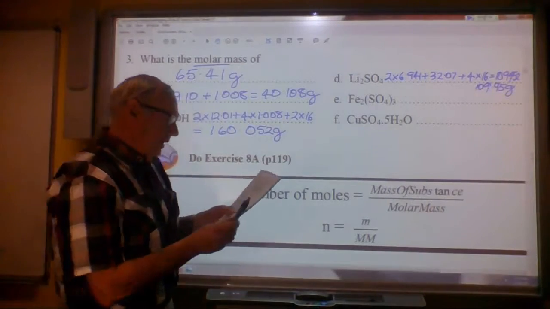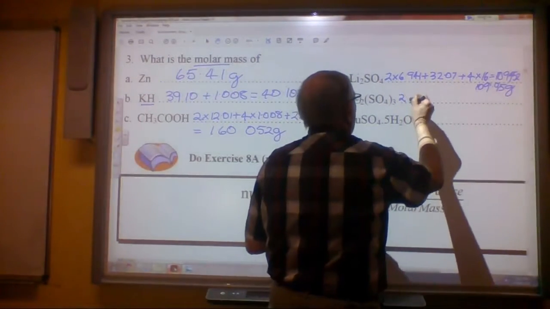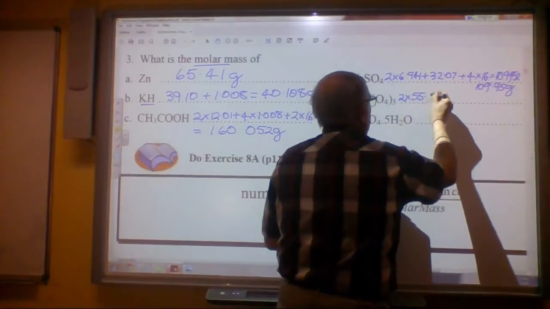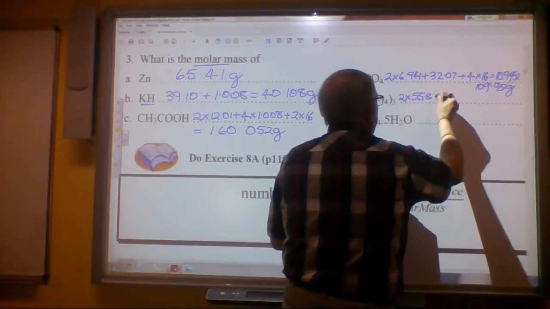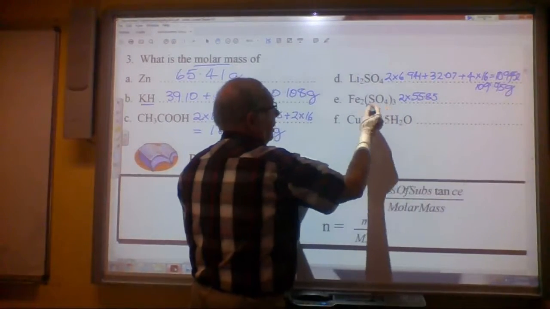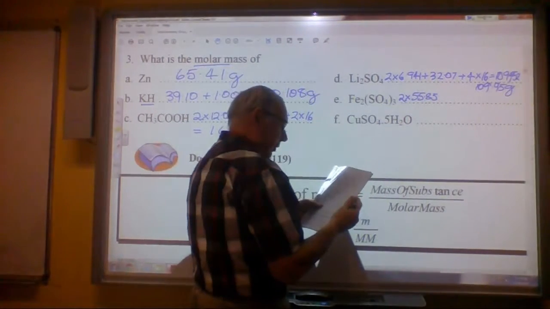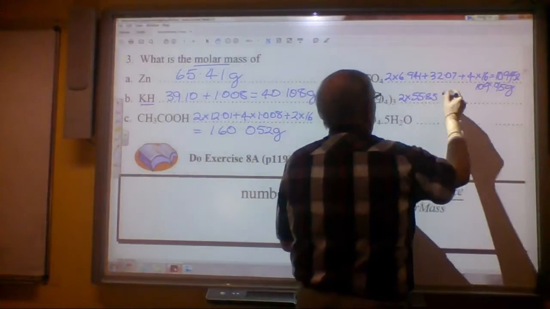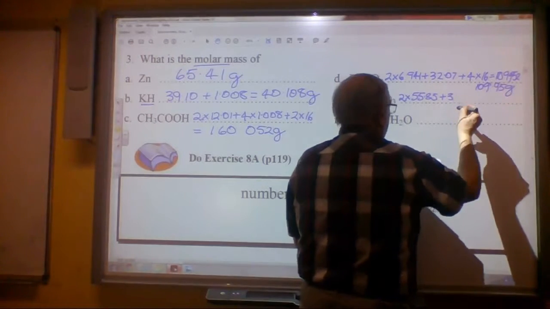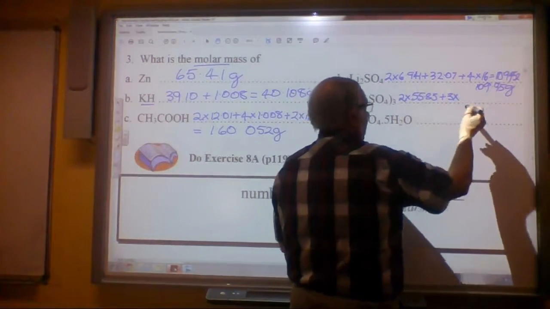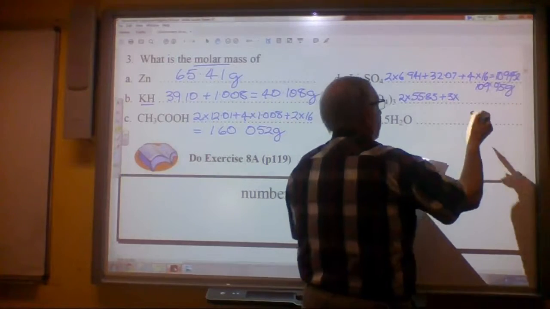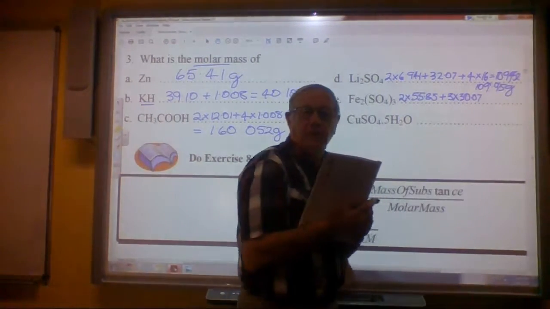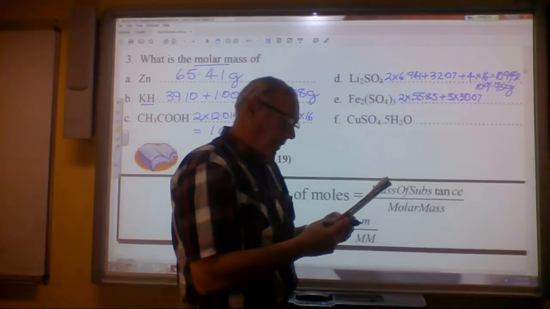And what we've got then is 2 times 55.85 plus 3 of all of these. So that, if you like, is 3 times 32.07, which is the mass of sulfur.